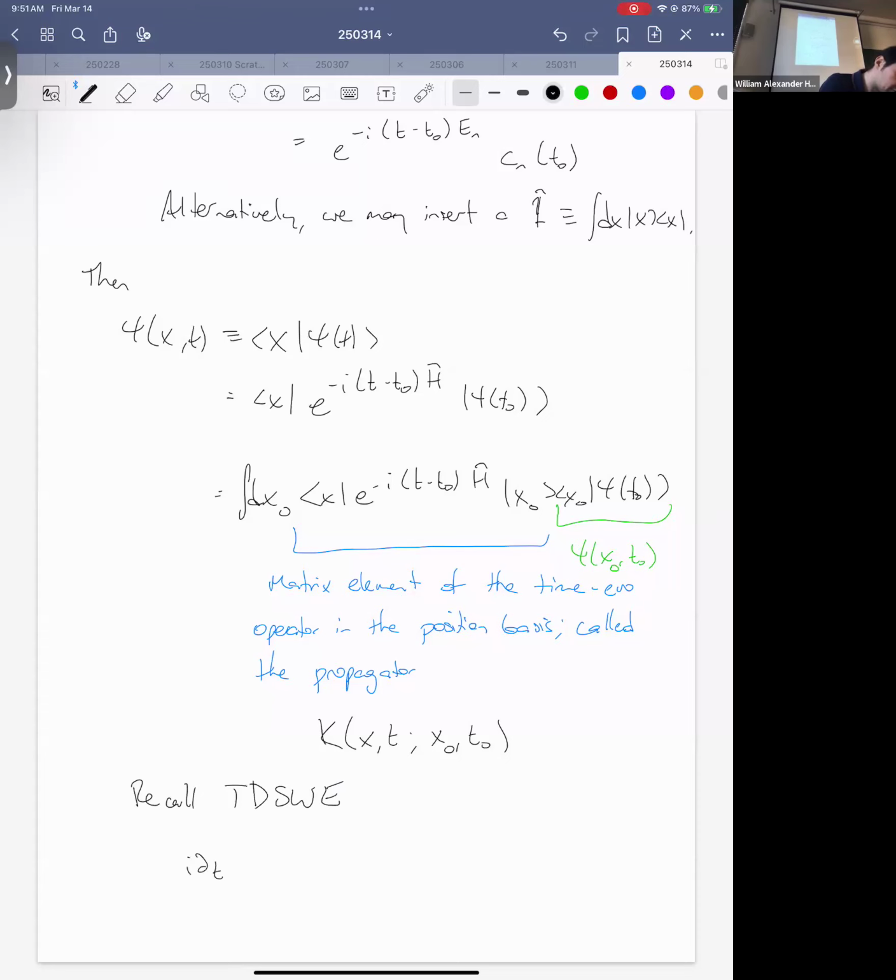Which was this: i partial t of psi of x and t is equal to this Hamiltonian, which is in terms of, say, x and then minus i partial x, and then psi of x and t. Well, actually, let's write it this way. I'm doing this a little bit on the fly. Forgive me if I got the minus sign wrong. And then what you do in Griffiths is you assume a separable solution.